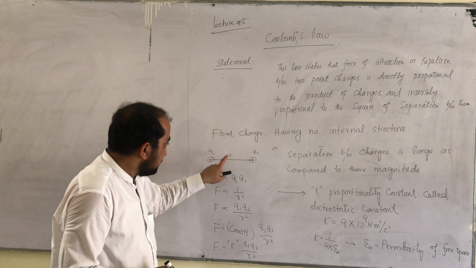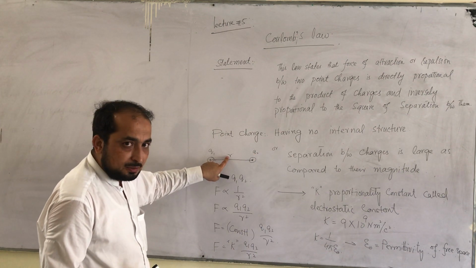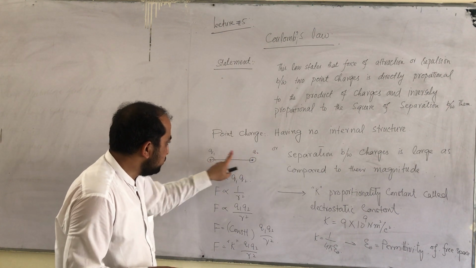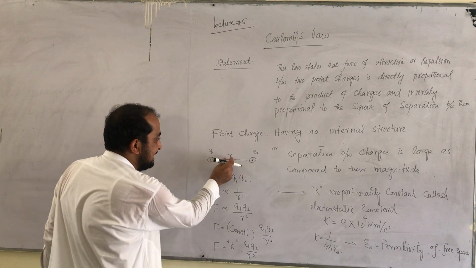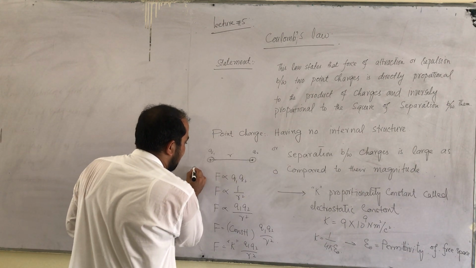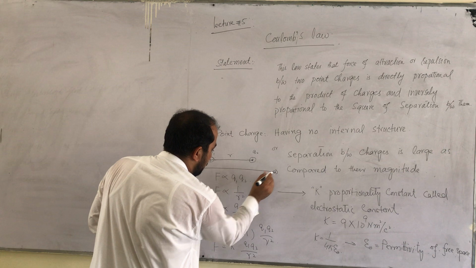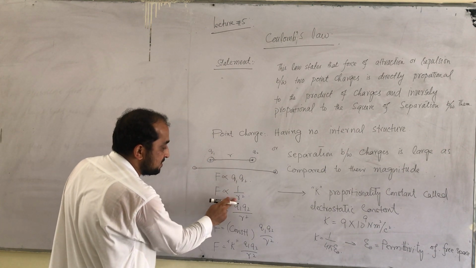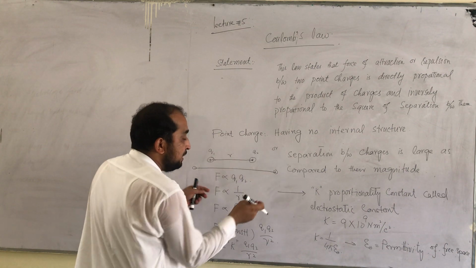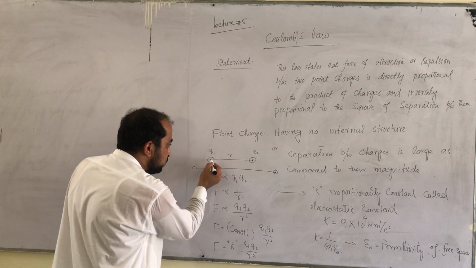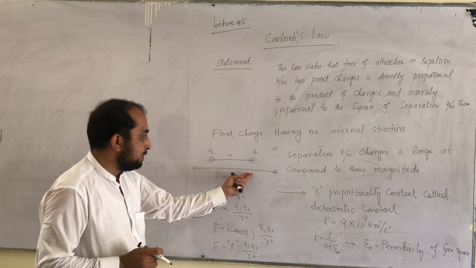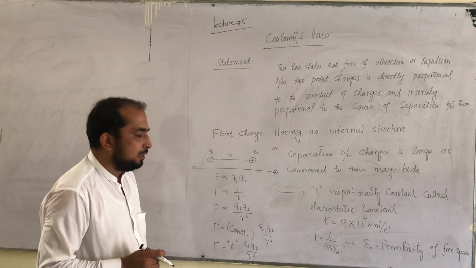But if we keep the magnitude of the charges constant but increase the separation between them, at that time the force will decrease, because by increasing separation, the field interaction of these 2 point charges will decrease. So the force of attraction or repulsion will decrease.